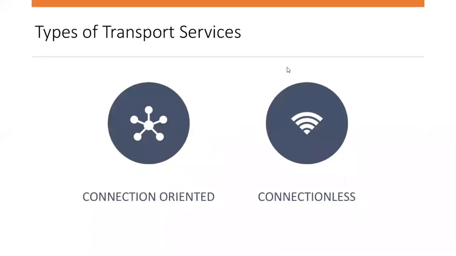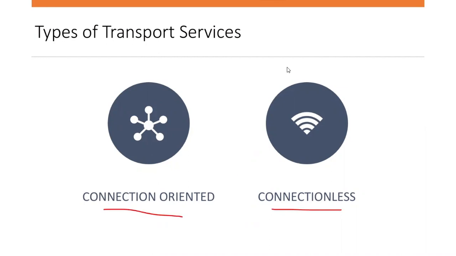Next, the transport services that are provided by the transport layer can be of two categories. One is connection-oriented service and the other is connectionless service.